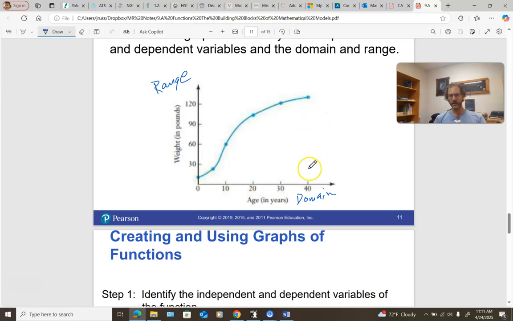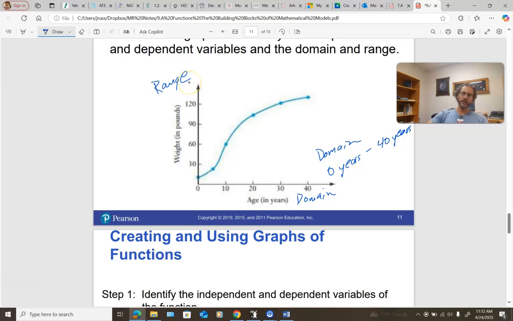So this goes to about a little after 40, 41 or 42. So we could express the domain as all the values from 0 years of age all the way to, we'll just say, 40 years of age. Okay, so it includes all the values in here.